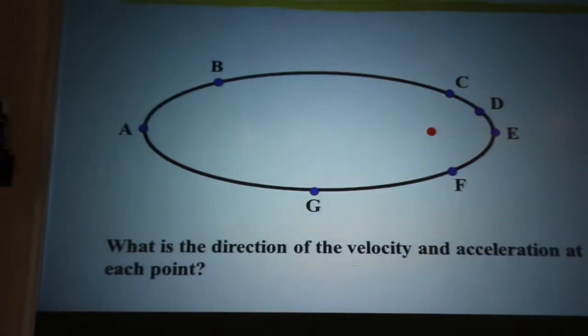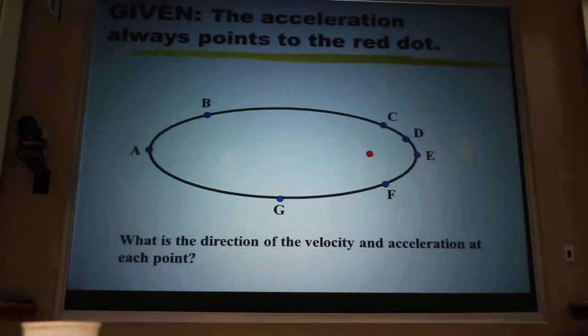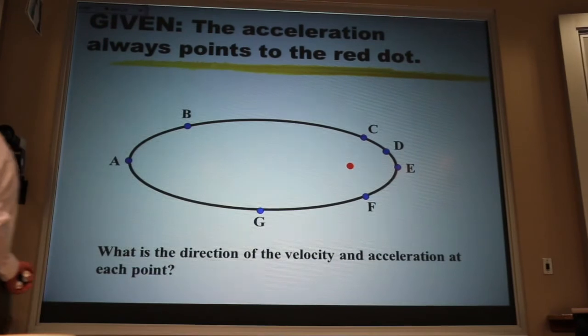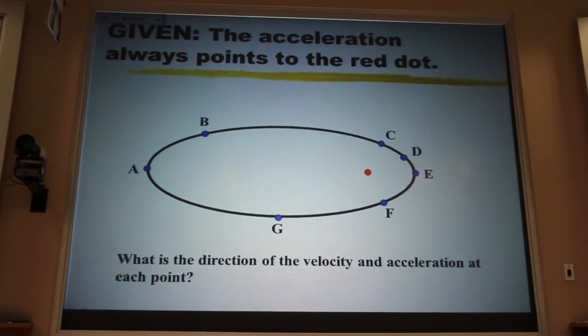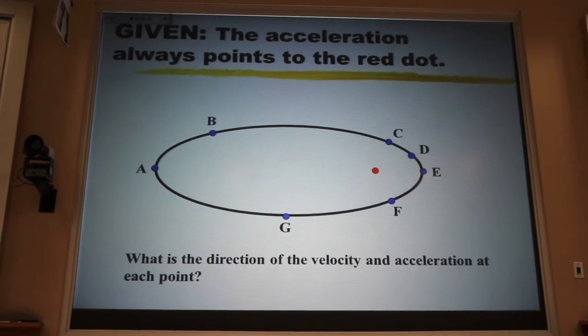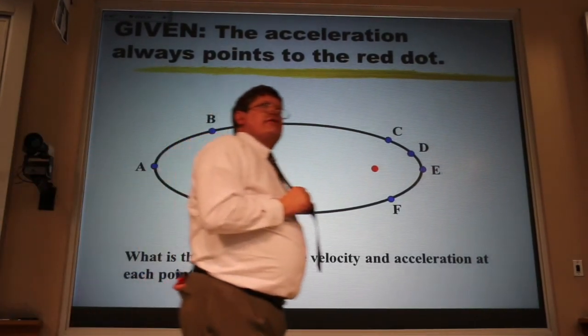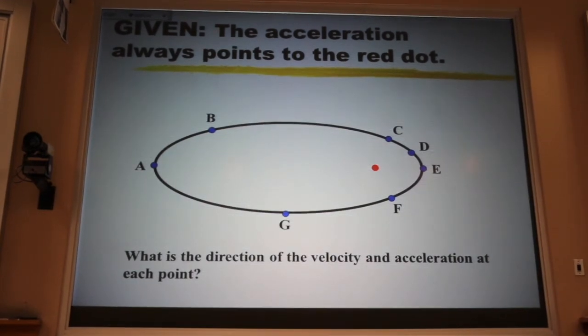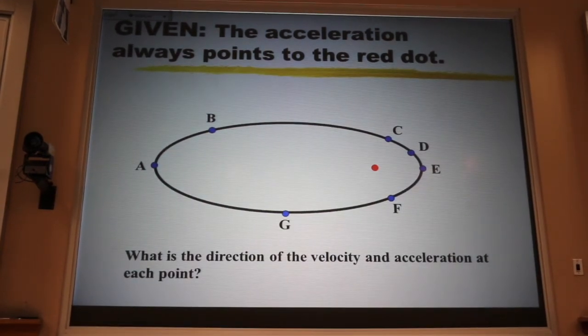Okay, let's look at this tutorial homework problem. This is on the last page of the tutorial homework. You have an object that's going around an elliptical track, and for some reason that you're not told, the acceleration vector of the object always points towards the red dot.